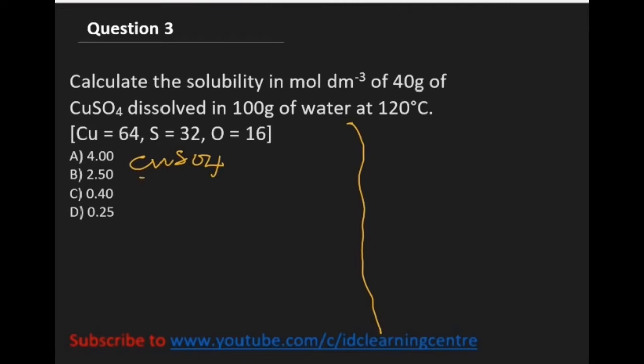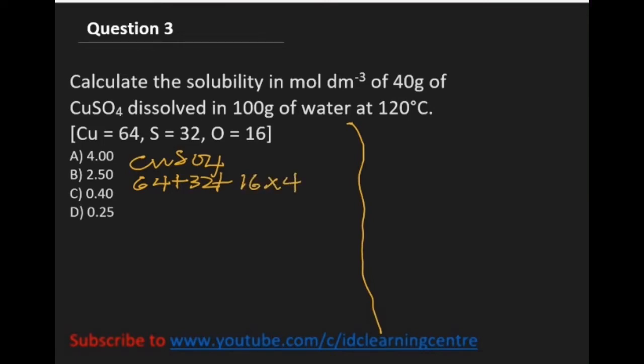So copper is given as 64, plus sulfur 32, plus oxygen 16 times 4.